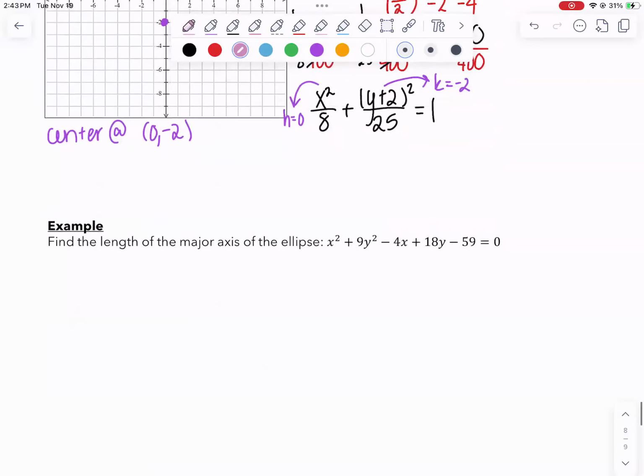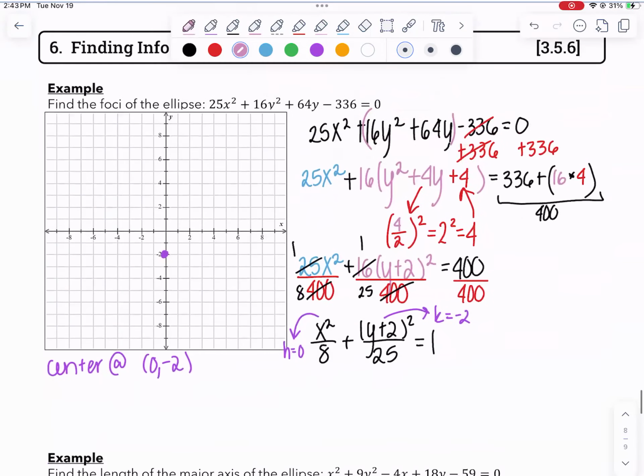The bigger number is underneath y, which means that the major axis is the y-axis, which means the vertices are going to be up and down from the center.